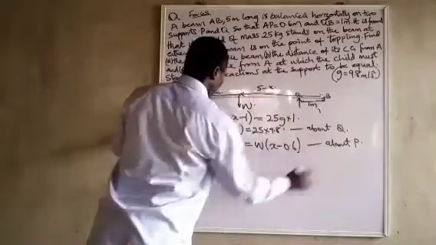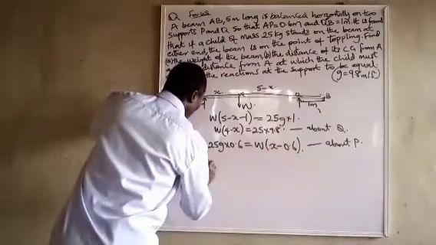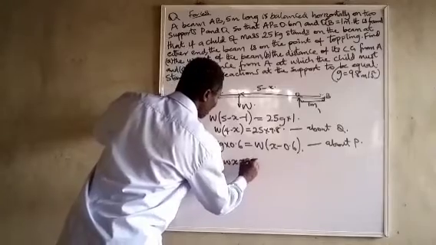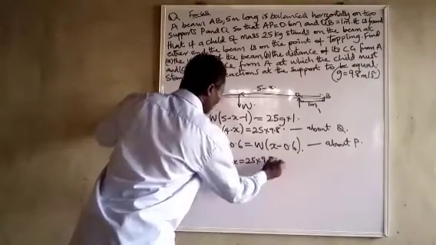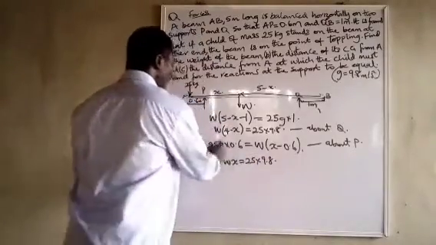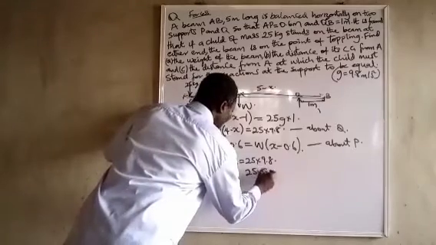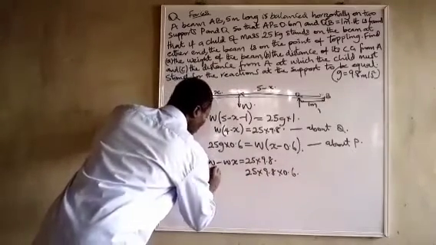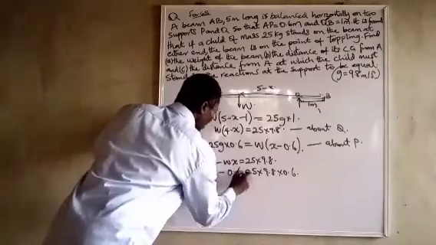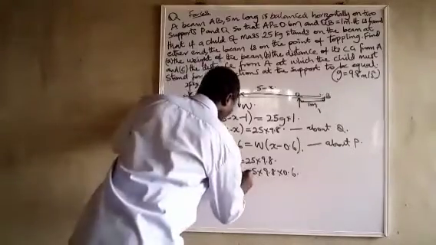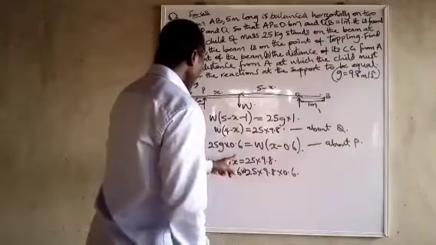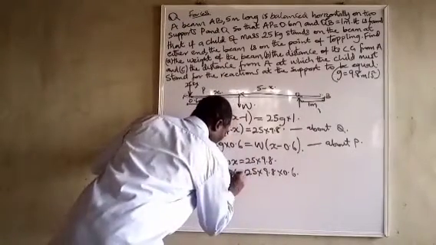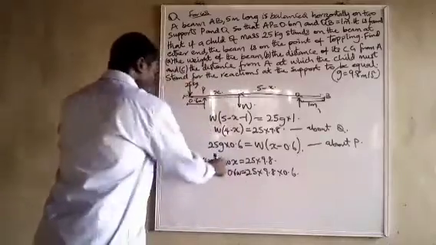Now let's bring out the whole thing. So we have 4W minus Wx is equal to 25 times 9.8. Here I have 25 times 9.8 times 0.6 is equal to Wx minus 0.6W. Now, if I add this one to this one, let's see what it is going to give me. That's what it's going to give me, because this one cancels out.